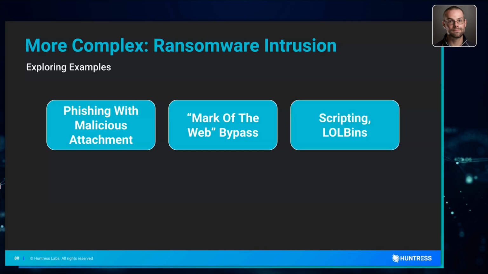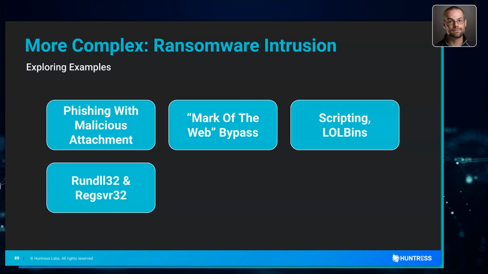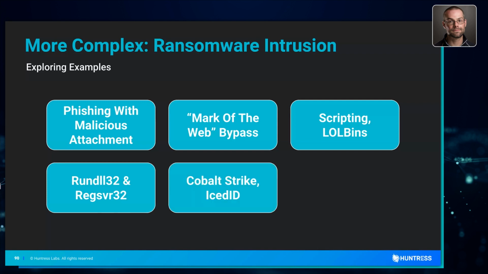Leveraging scripting and living off the land binaries to blend into the victim environment and avoid antivirus and other forms of detection. Similarly, using tools like RunDLL32 and RegSvr32 for execution purposes to continue to blend into the environment and avoid static and even some forms of dynamic detection within the victim environment.